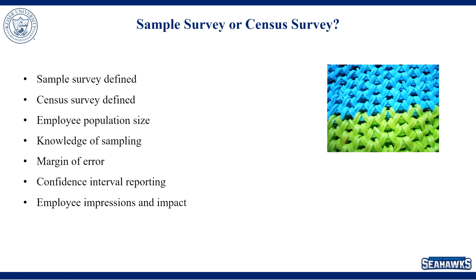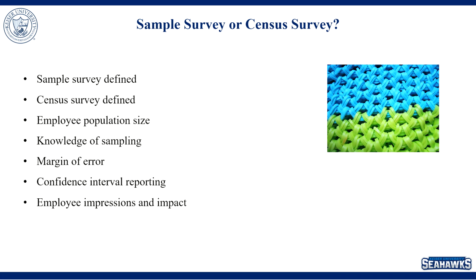We will discuss at the end of this presentation how the data is communicated to employees. Confidence interval reporting is similar to margin of error. We want to explain this information, have someone knowledgeable who can interpret it, and then of course explain it to the employees. Because ultimately this will impact employees' impressions and have an impact on the organization.